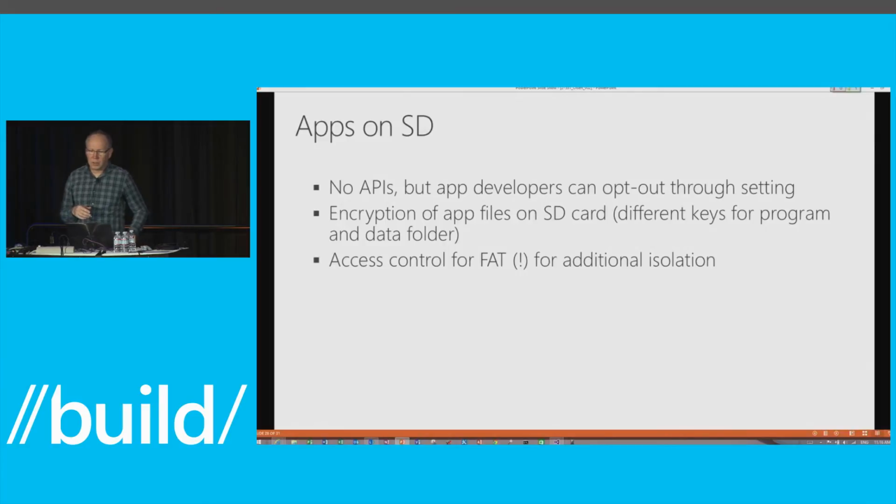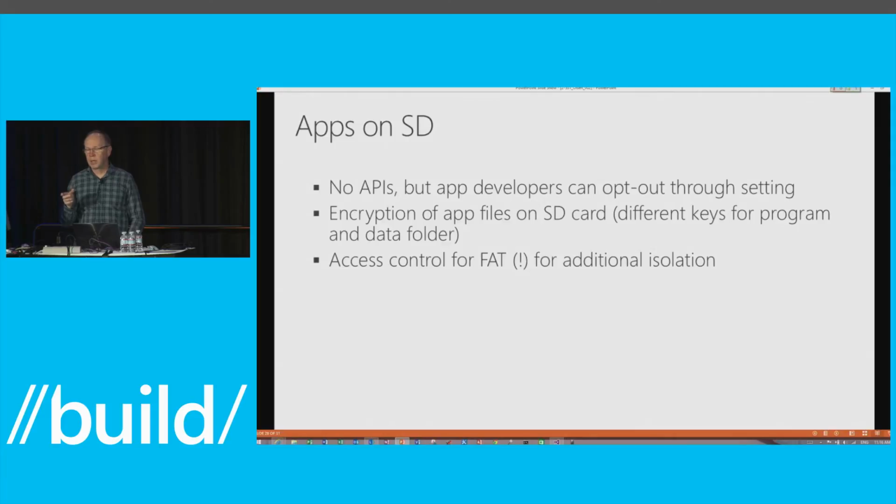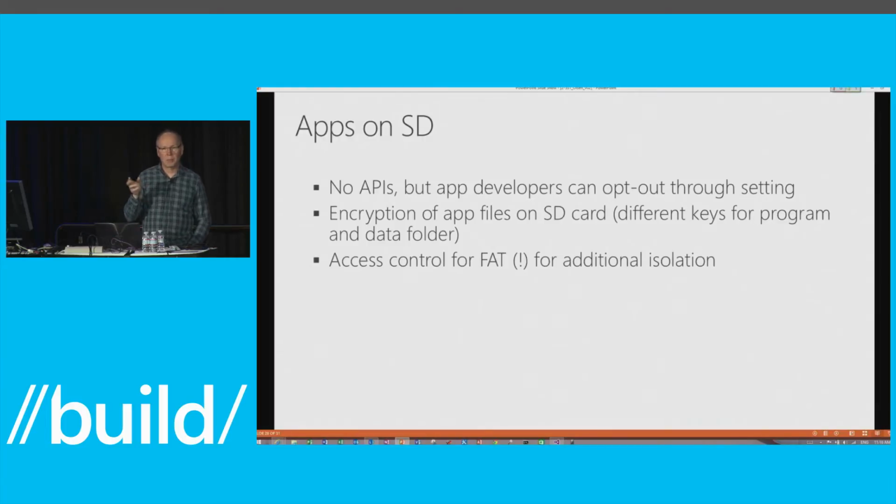It's folder and file based, and we use one key for program folders for an app and one key for data folders. So every app has different keys, and within an app, we have 2 keys, one for the program folder, one for the data folder. I won't get into exactly why we did that, but there were some threats that we envisioned could happen, so we took the extra step and gave you the extra protection.